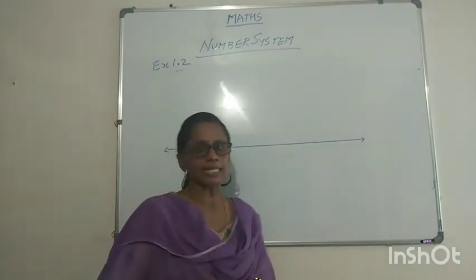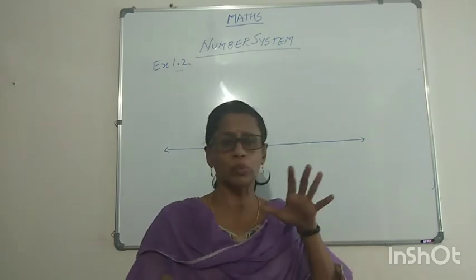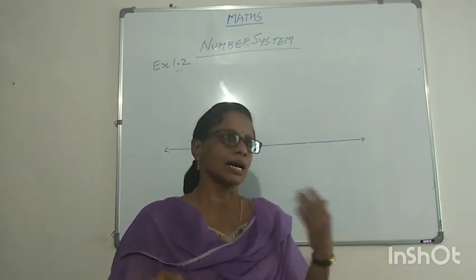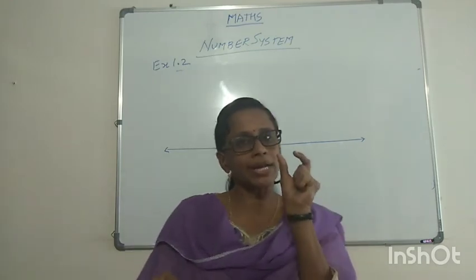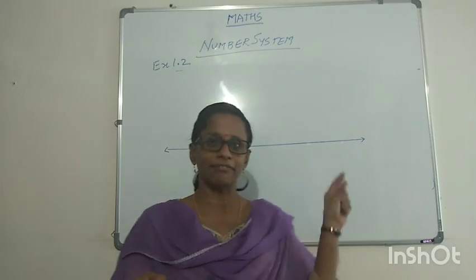Let's mark the points. As I said, we can use our own discretion depending on how you're able to look at the points. Maybe I will mark the points at a distance of 2 centimeters so that the points are clearly visible when we are plotting.